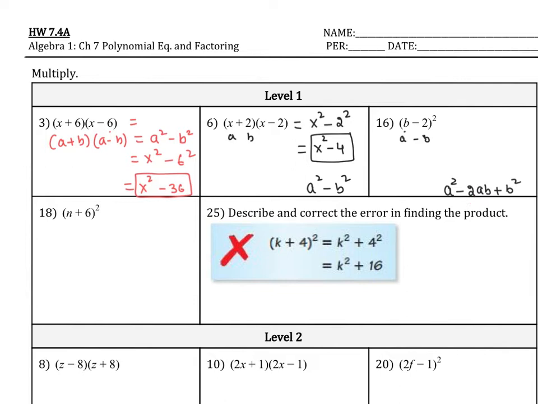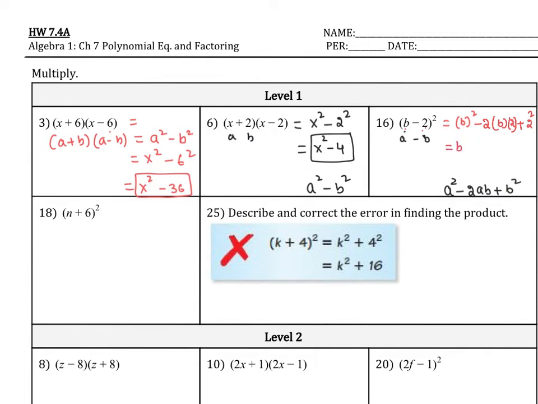Minus 2ab means minus 2 times b times 2. b² means 2², and I'm going to plug it in. So a² means b² because my a is b. Minus 2 times b times 2, plus b² means 2².